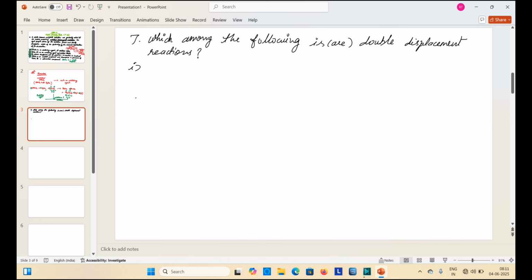First is Pb reacting with CuCl2, giving you PbCl2 plus copper.